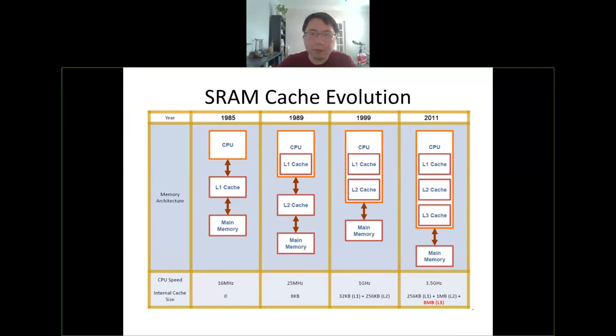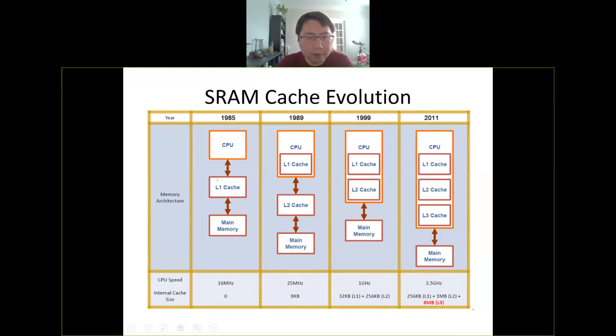So let's first look at the SRAM cache evolution from a historical perspective. Here in 1985, this is a typical computer system with a memory hierarchy. Here we only have one level of cache, and this level 1 cache is off-chip.